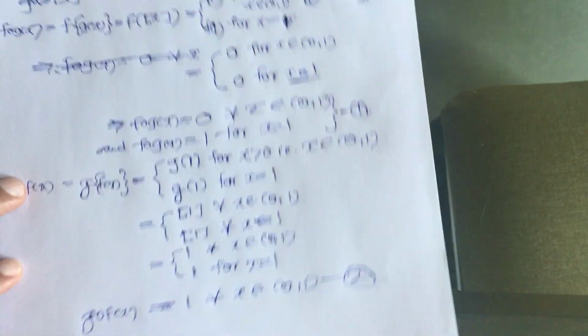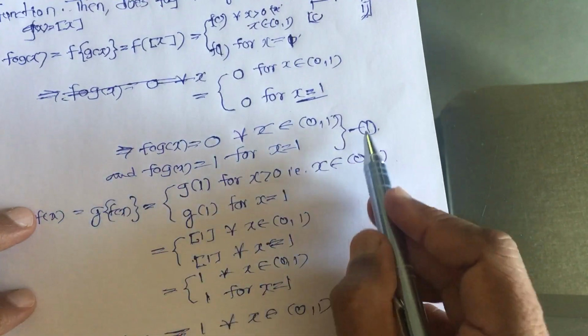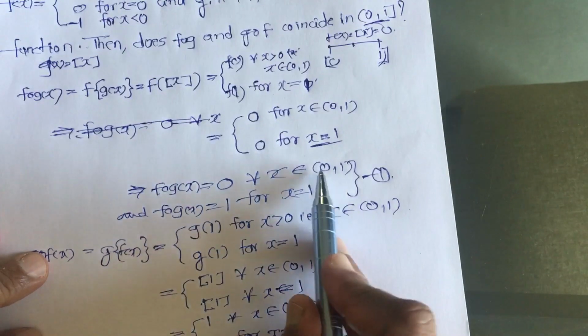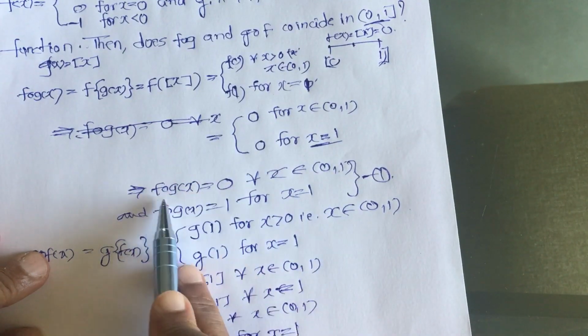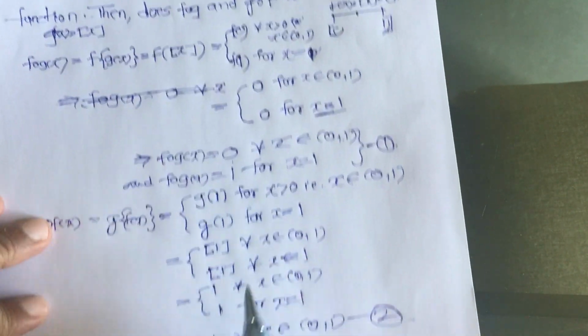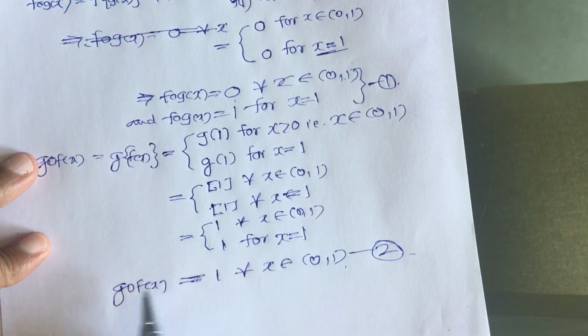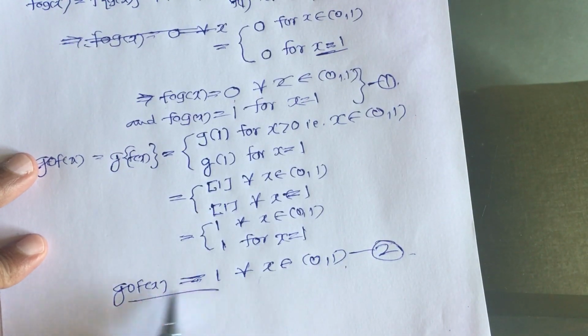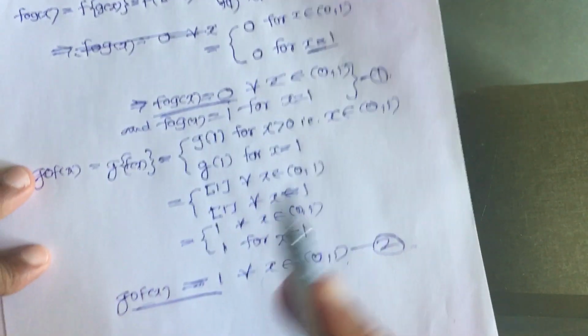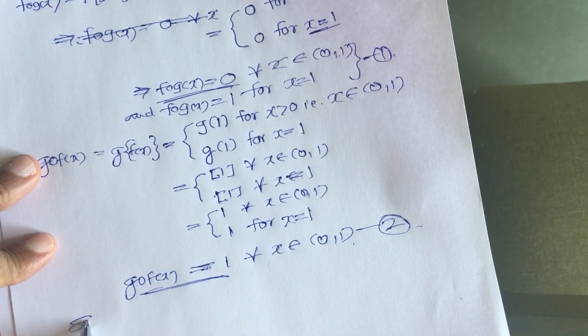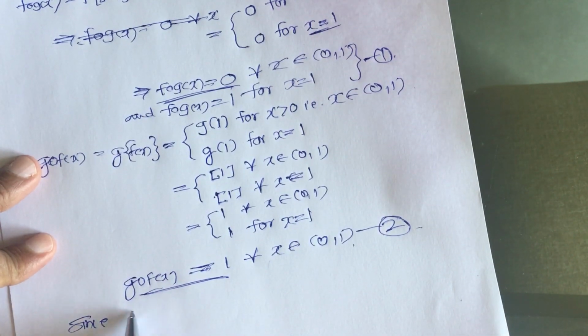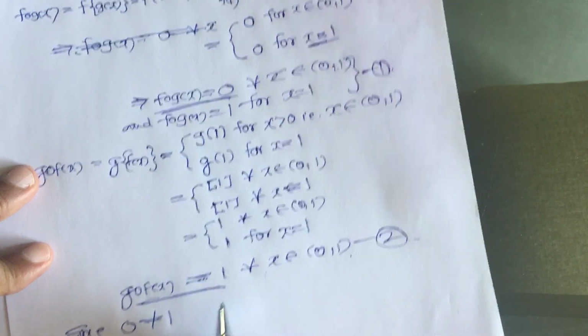This is your 2. Observe here, in the interval 0 1, f composite g of x is 0, and g composite f of x is 1, and these two are not equal, since 0 is not equal to 1.